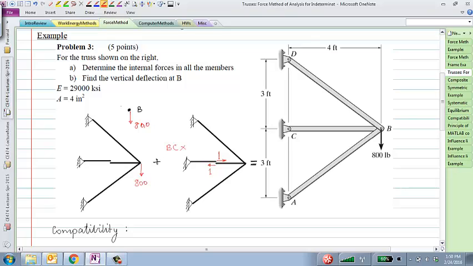and there is unknown force BD out here and unknown force AB out here. 2 unknowns, 2 equilibrium equations. I'm sure you can solve it, and if you solve it, you should get 666.67 pounds on that, and negative 666.67 pounds.